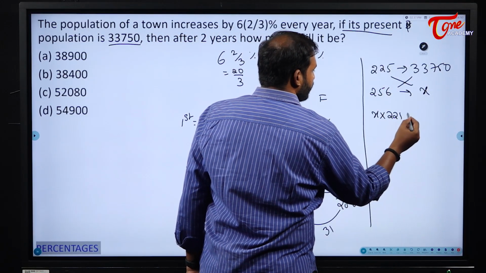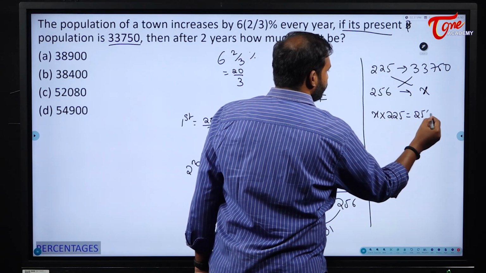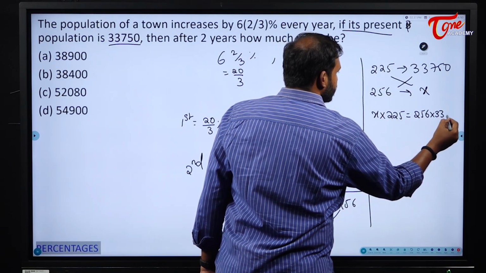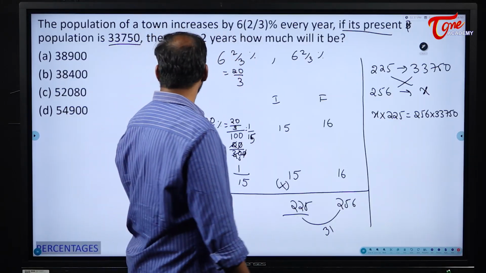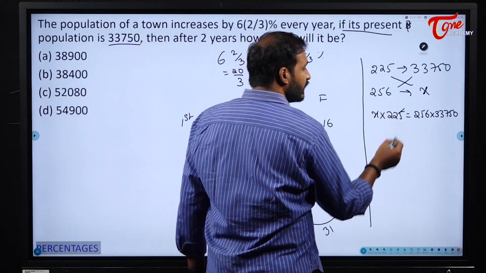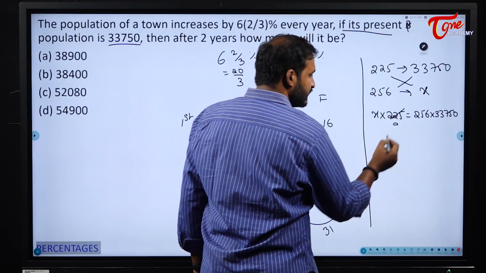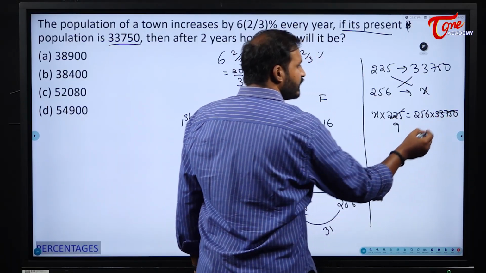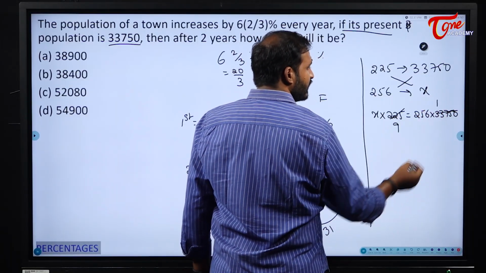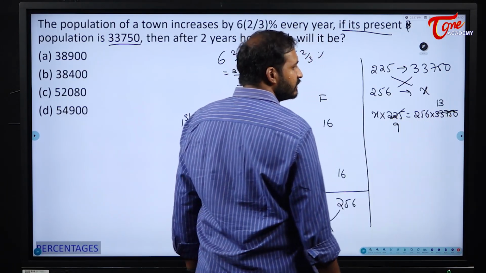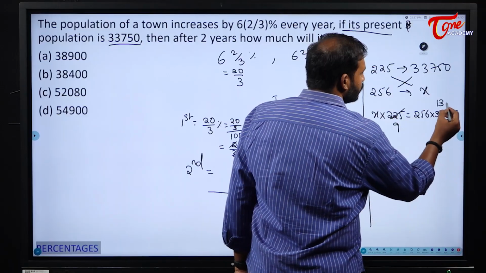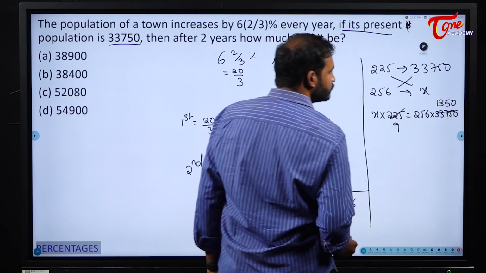X into 225 is equal to 256 into 33750. What are you going to get here? In the 25 table, 25 9s, 25 1s, and I will be left with 87. 3 times I will be left with 12, 5 times and 0. Right?